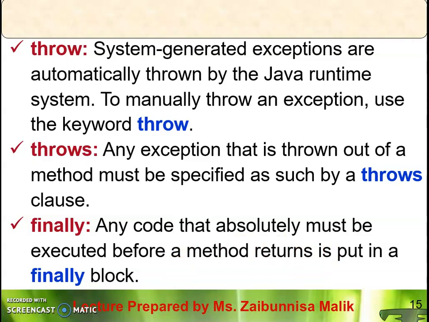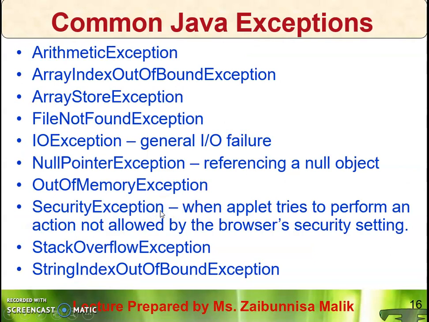So I think these 5 keywords we should understand clearly. I will explain them one by one with example programs. Before that, I must say what the common Java exceptions are. Common Java exceptions are like arithmetic exception, as we know that the division by 0 error comes inside this class.